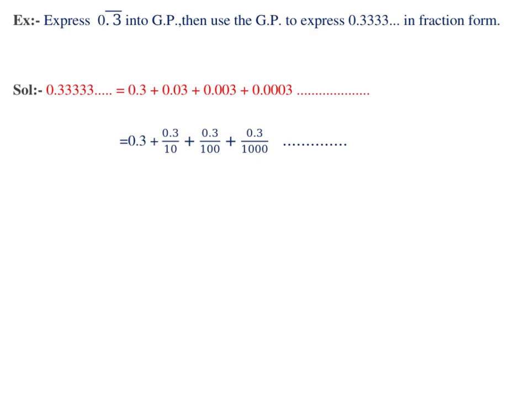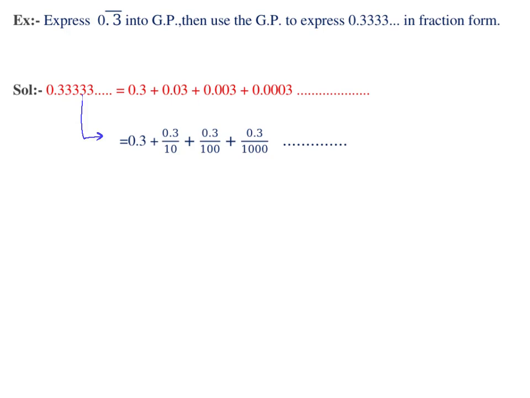As you know, 0.333 you can write in this form: 0.3 plus 0.03 plus 0.003. And if you write it in fraction form, retaining 0.3 in the numerator, you have to divide it by 10, and this by 100, and you will get this in this form.